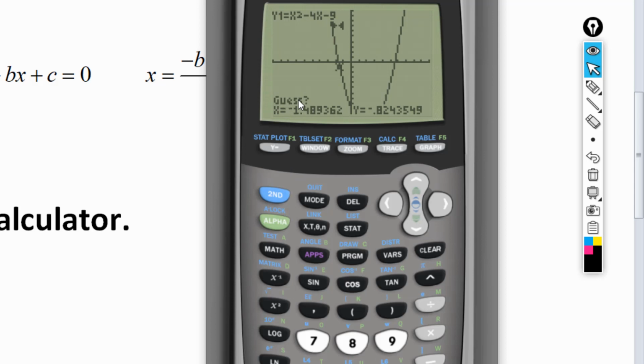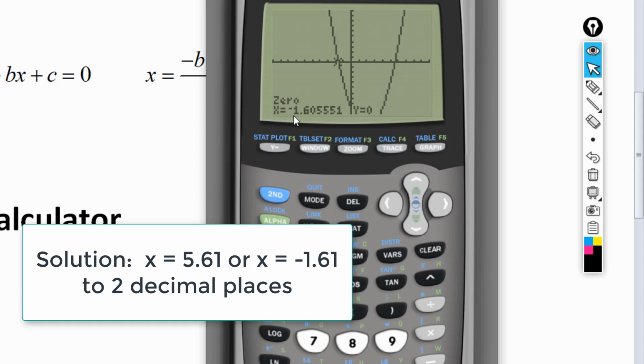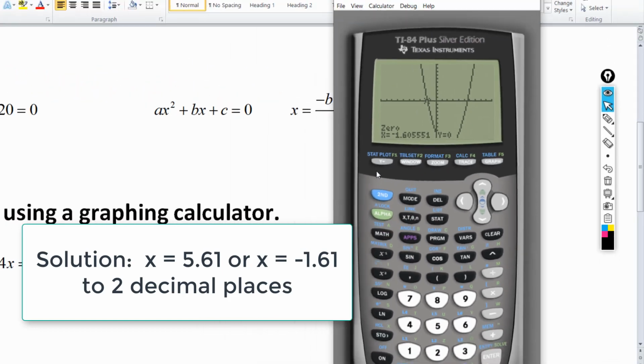Now once a guess, you can ignore that, hit enter. And there's your solution again. And you can round that accordingly. 1 place, 2 places, whatever your instructor tells you to do.